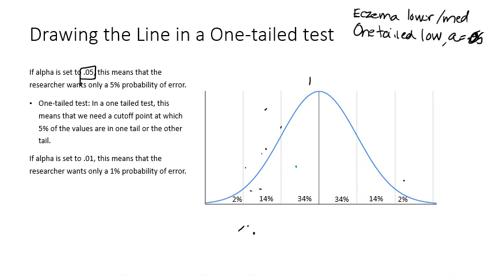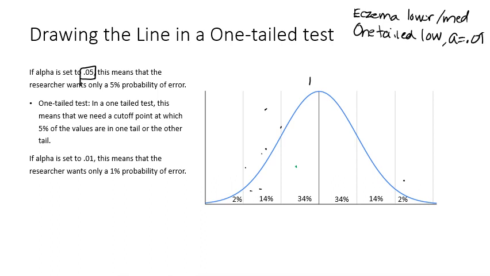So we just figured out where we would draw the line if alpha is set to 0.05, but now what if it's one-tailed low, but instead of alpha set to 0.05, we have alpha equal to 0.01. The researcher wants only a 1% chance of making a mistake.